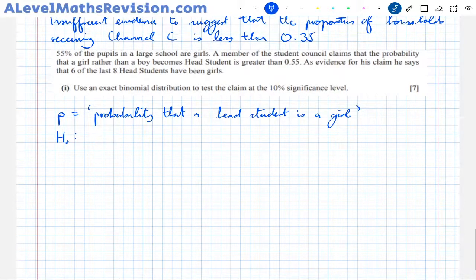And if everything is fair, that probability is going to be 0.55. If it's not fair, we're claiming that it's greater than 0.55.